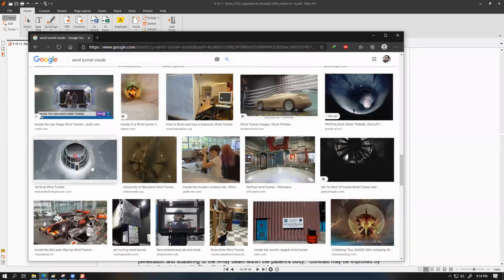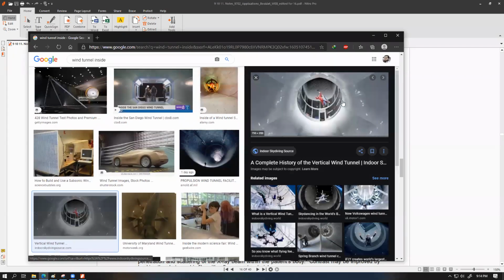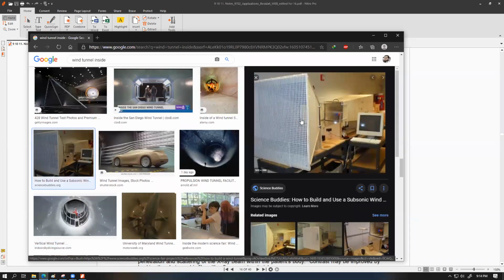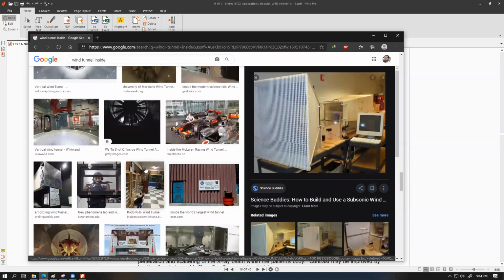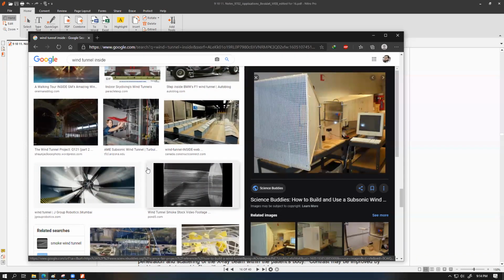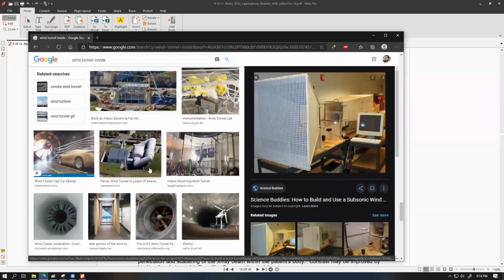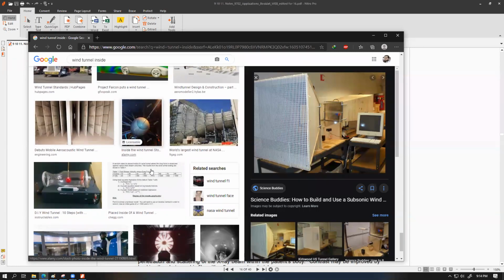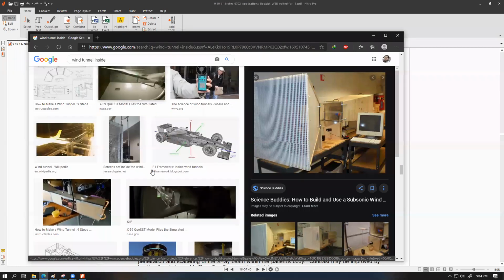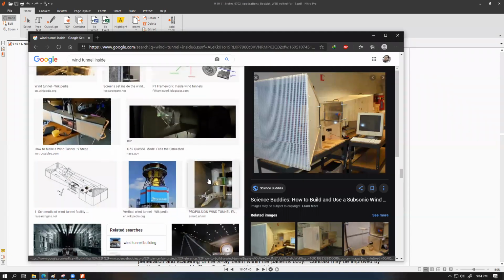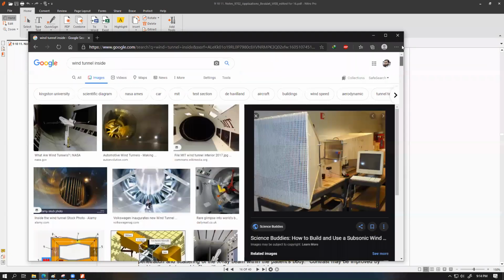Where is the laminar flow making thing? No, that's not it. Is it? Yes, this is it. But I would like you to show a more detailed view. Actually, they are giving us the view of the wind tunnel's inside honeycomb structure. Let me just write it: honeycomb.